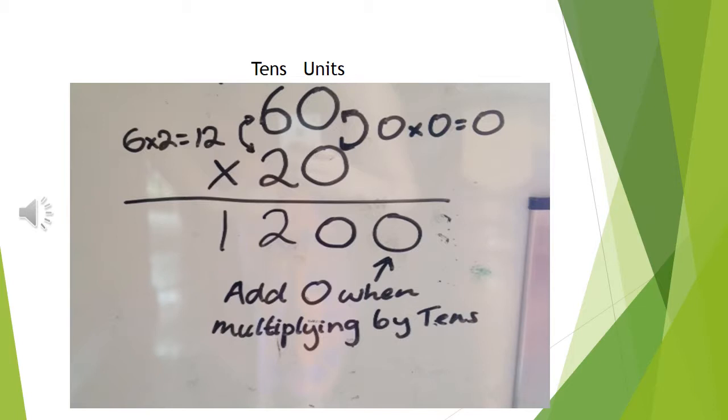Because we are multiplying by tens, the rule says that we must place a 0 at the end of the solution. So it is 60 grams of carbon dioxide per passenger kilometre times 20 passengers gives you the amount of carbon emissions released by each tram per kilometre. The answer is 1,200 grams of carbon dioxide released per kilometre travelled by tram.